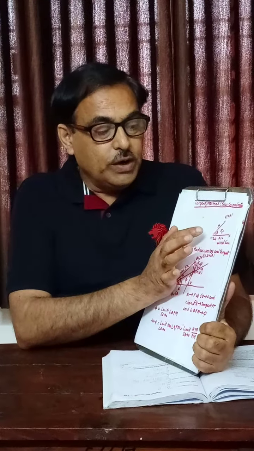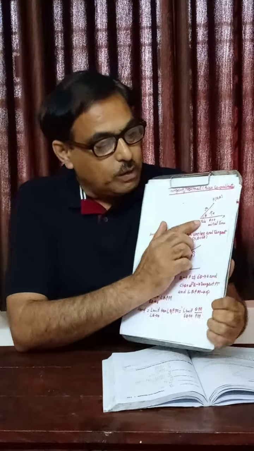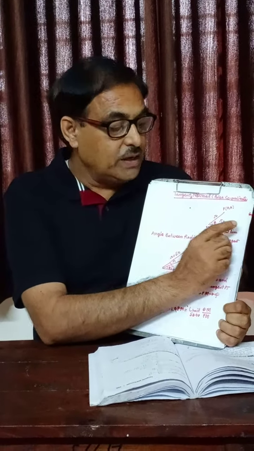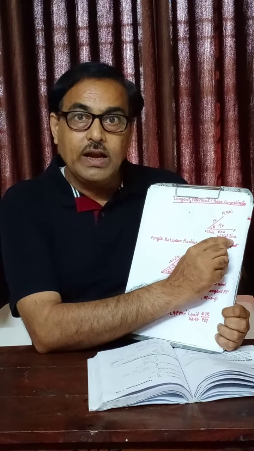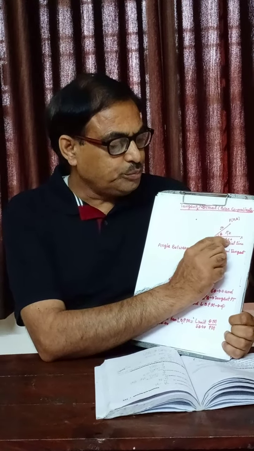In polar coordinate system, there is a fixed point O which is called the pole and a straight line OX which is called the initial line, or theta equal to 0 line.